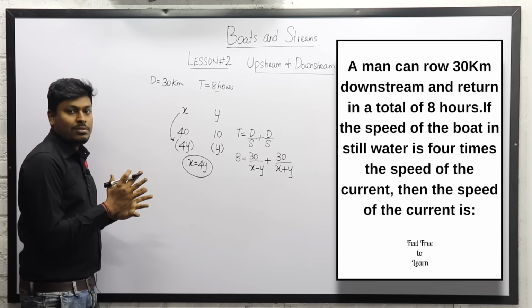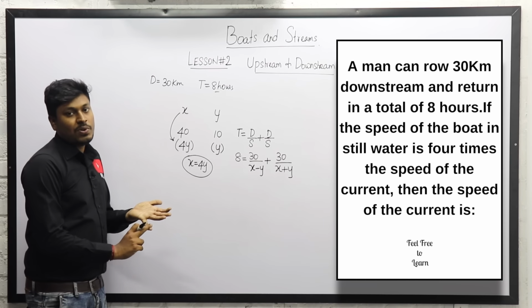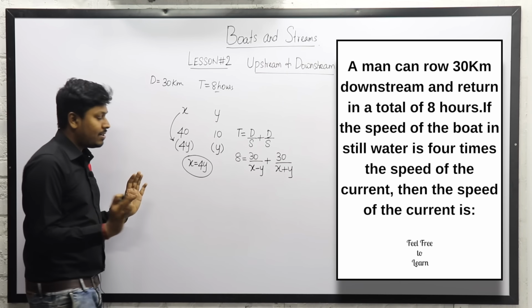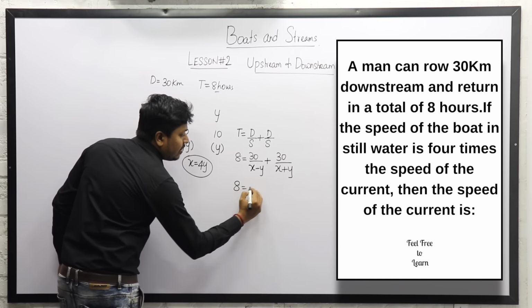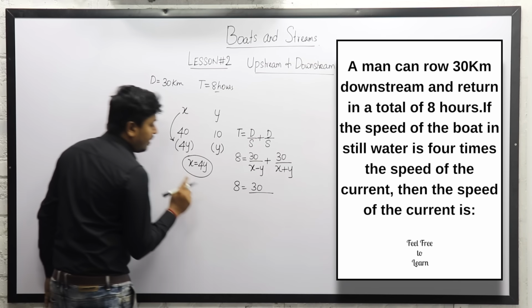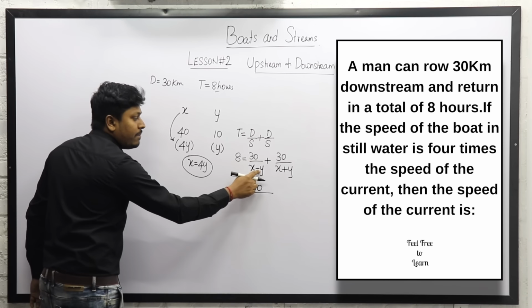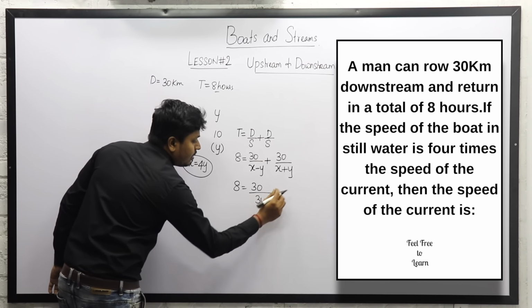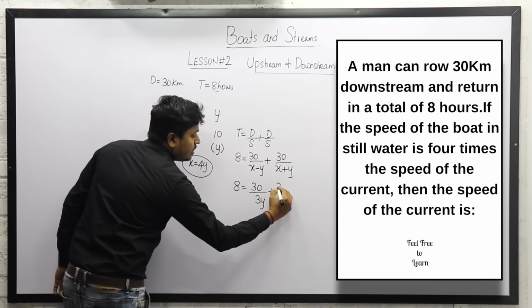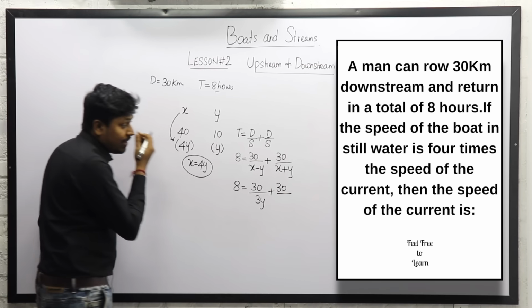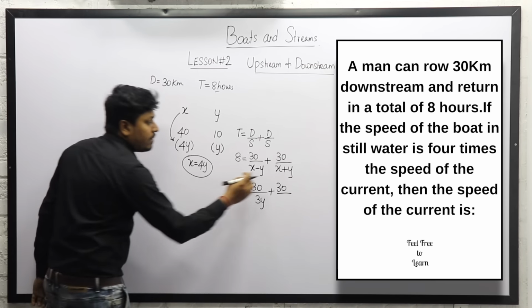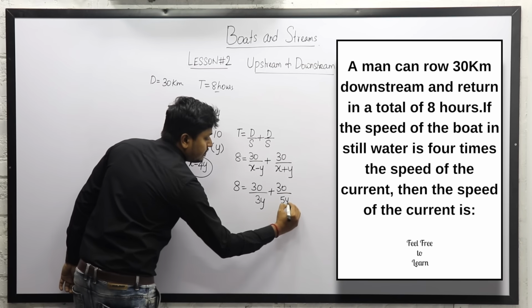We don't know both the values, right? Boat speed is not given, stream speed is also not given. So now 8 is equals to 30 divided by, instead of x, substitute 4y. So 4y minus y will be 3y, plus 30 divided by, so here x is equal to 4y, so 4y plus y will be 5y.